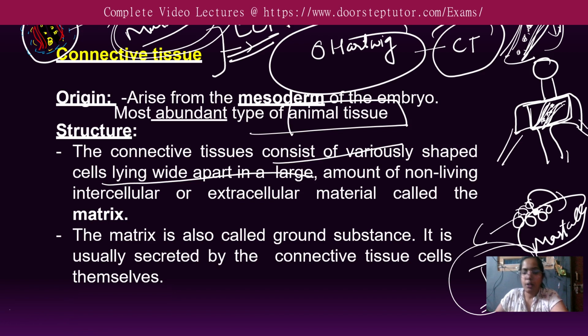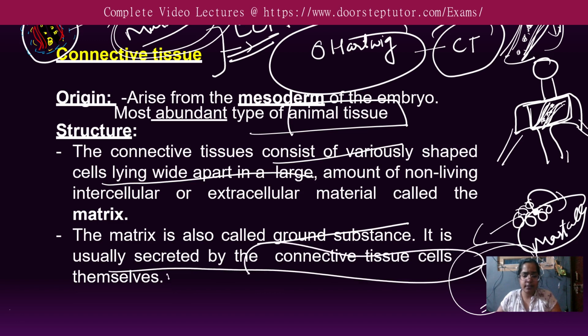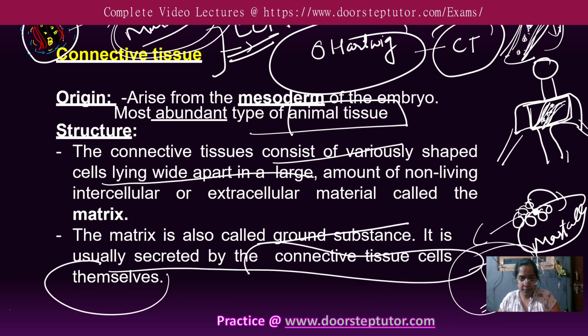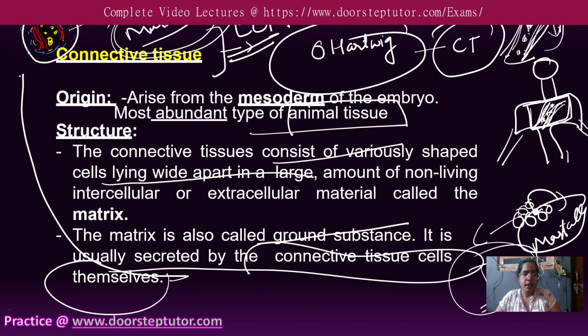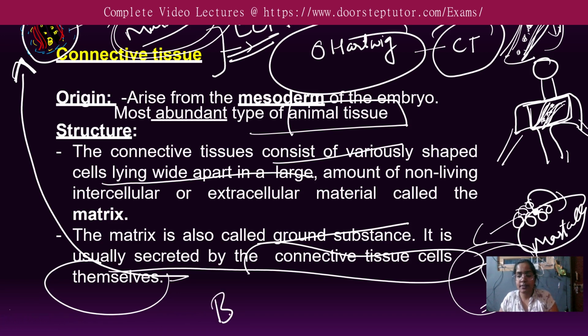Okay. So matrix is also called the ground substance, and it is usually secreted by the connective tissue cells themselves, okay. So this ground substance is secreted by the connective tissue. Among blood cells, there are two types of cells, one having fibers and one fiberless. Which one is fiberless? Blood is not having the fibers, okay.